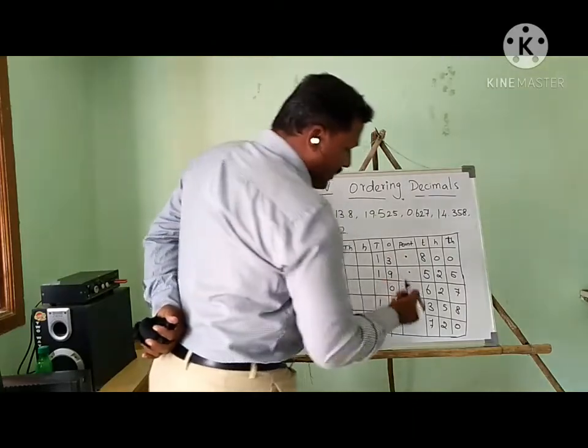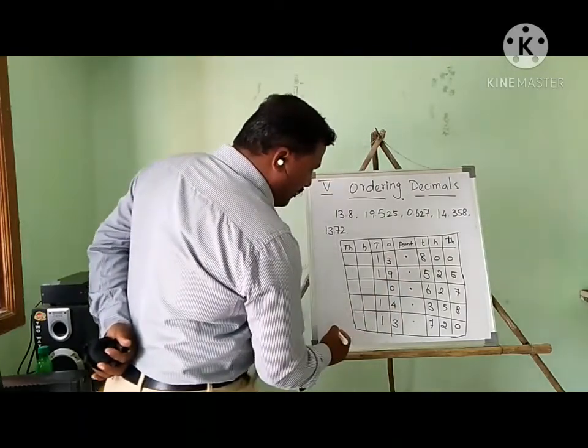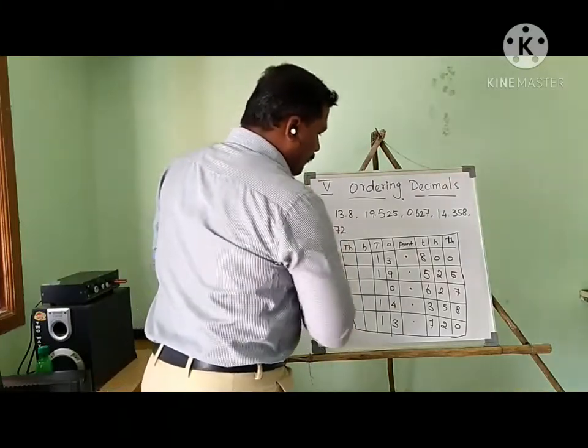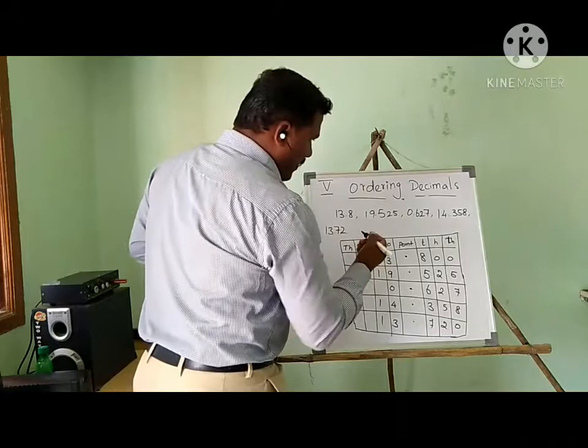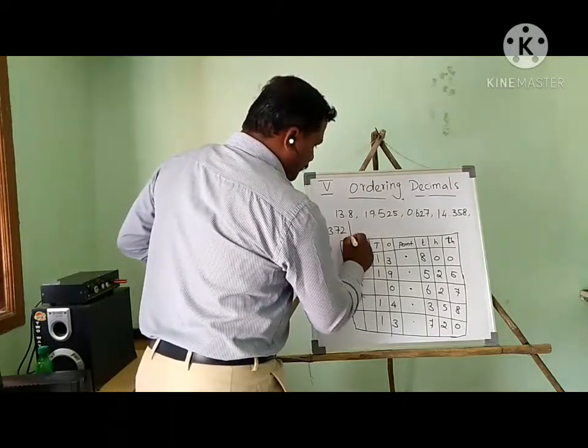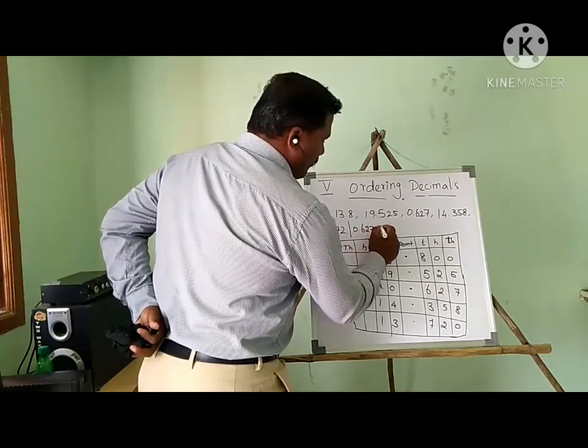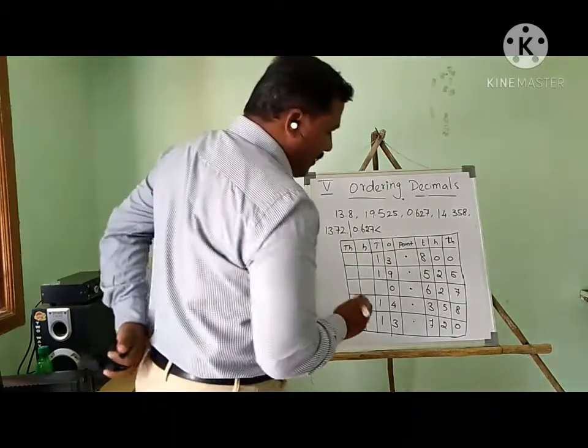So I will take it first as the smallest number: 0.627.